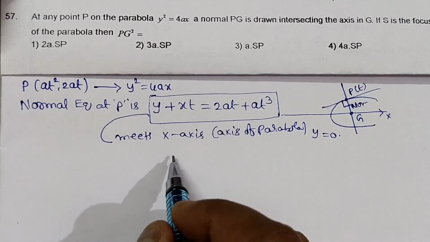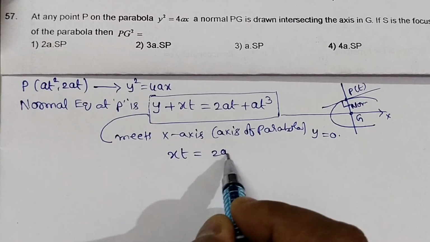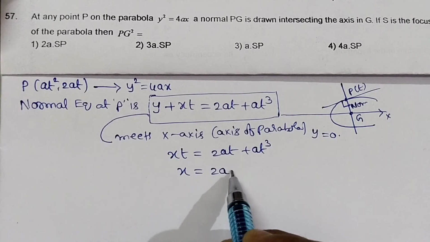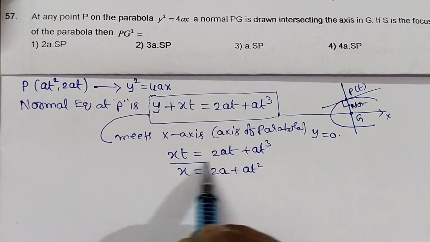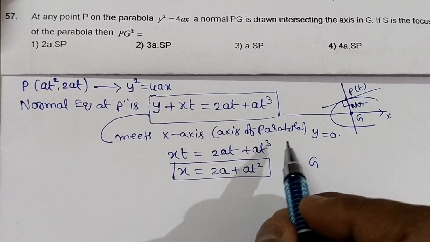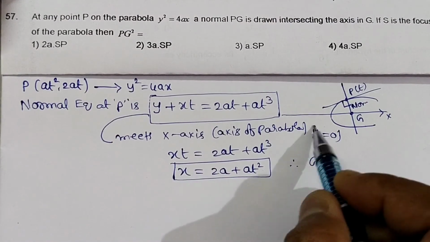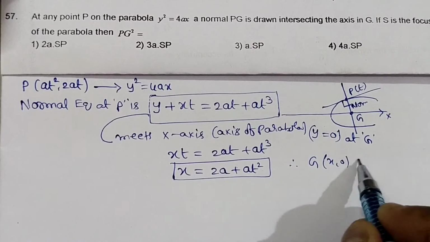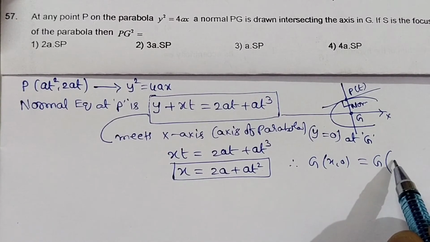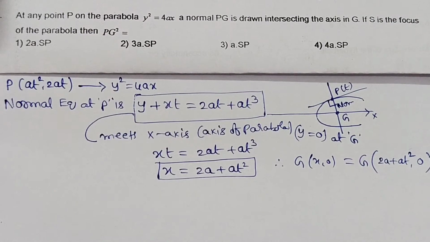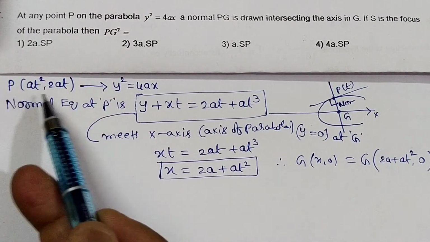So when y is equal to 0, xt is equal to 2at plus at cube. Therefore x is equal to 2a plus at square. So the coordinates of G, where it meets the x-axis: G of x comma 0, therefore G of 2a plus at square comma 0. This is the point G. P value anyway we know is at square comma 2at.